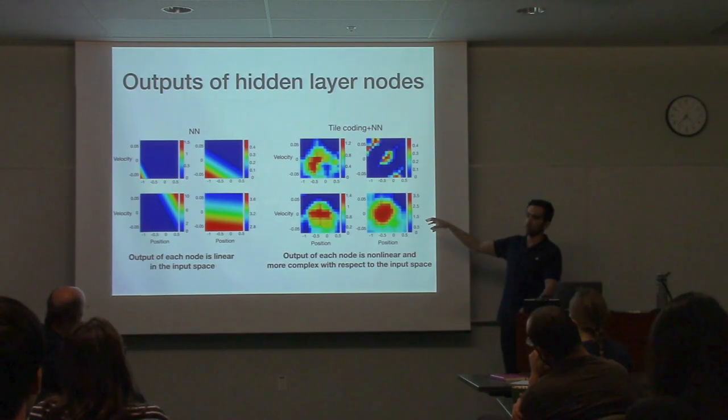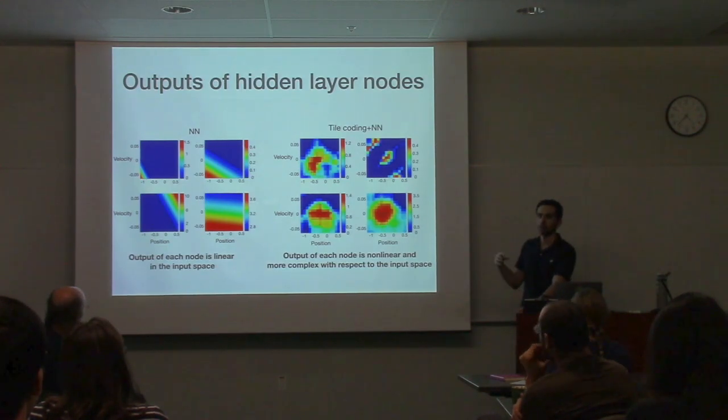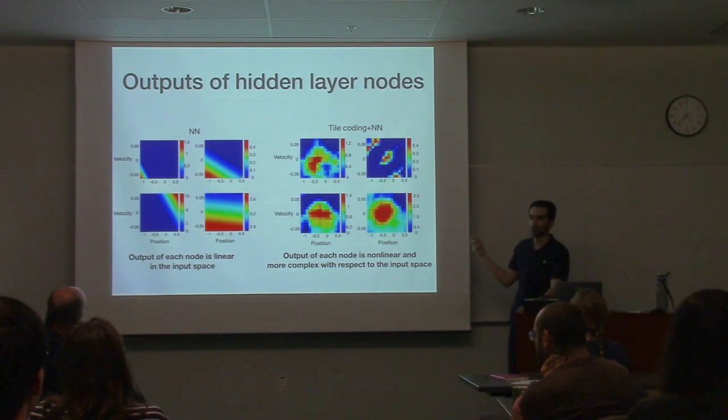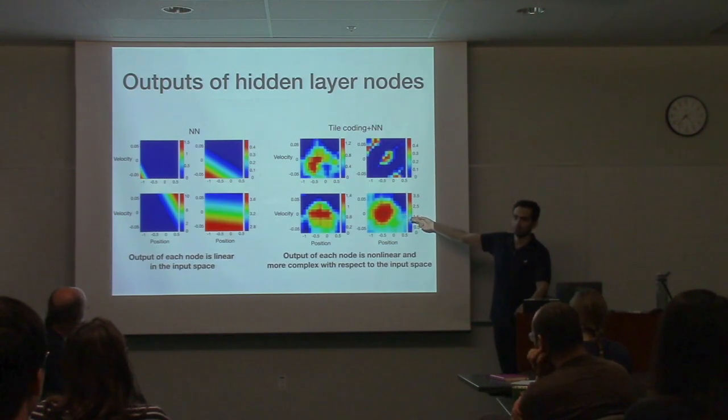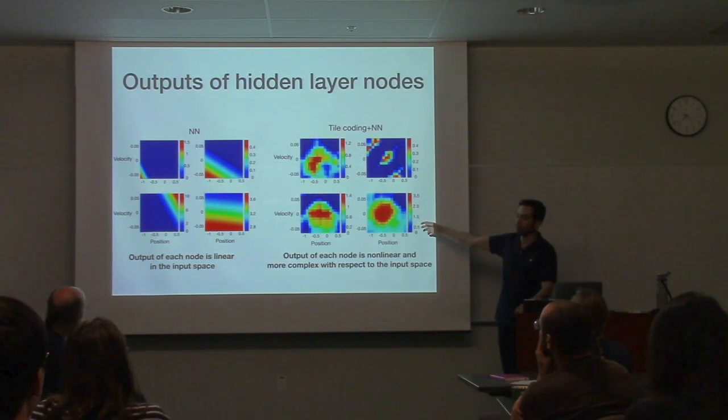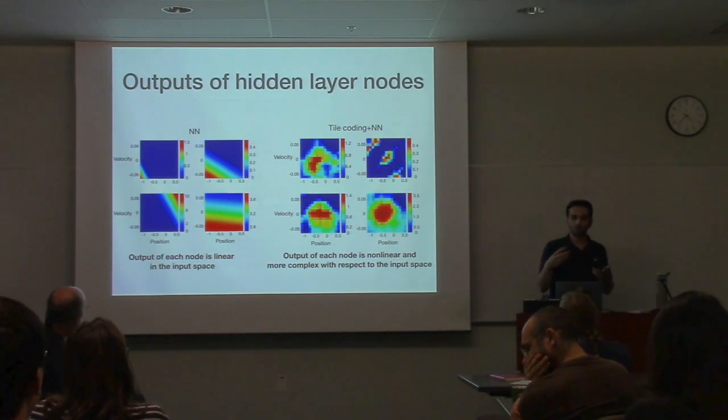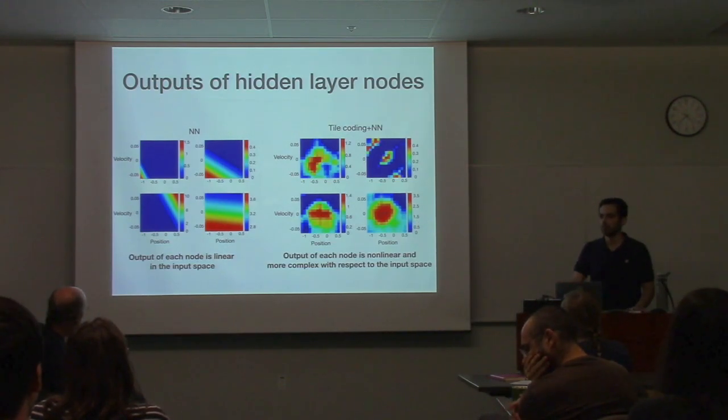And if you've seen the mountain car value function, it's pretty much like this. A ReLU gate cannot do this with a single hidden unit, but a tile coder combined with a neural network is able to do it. So this is another possible reason.